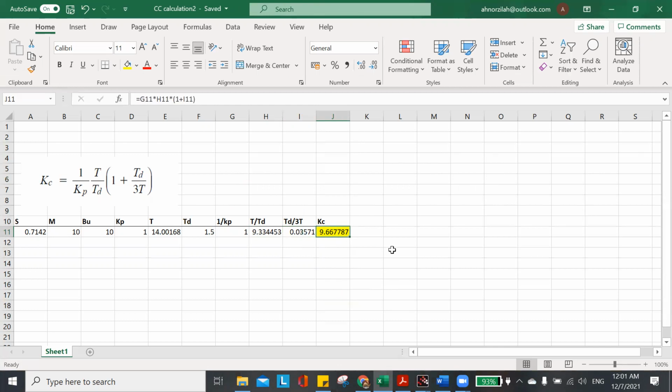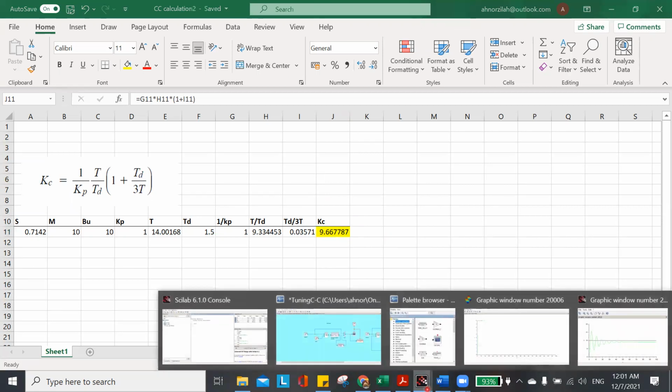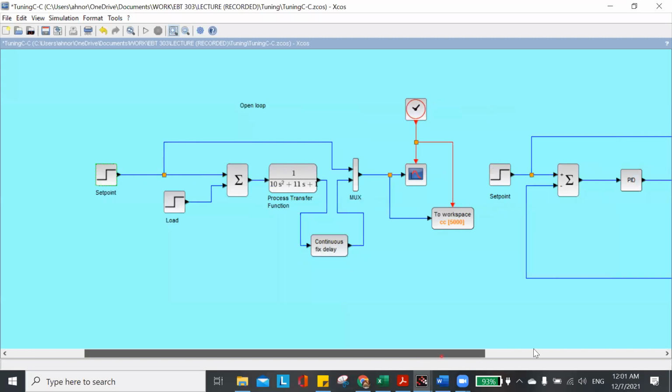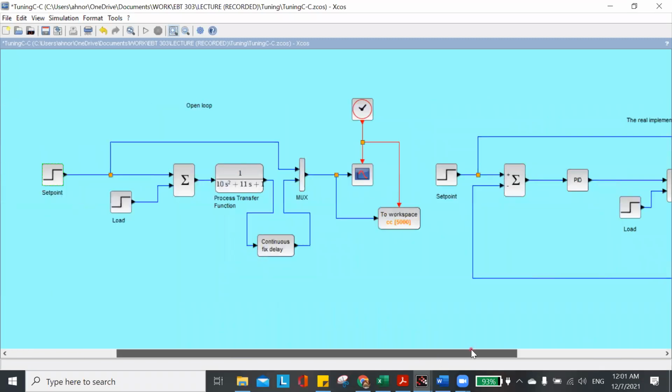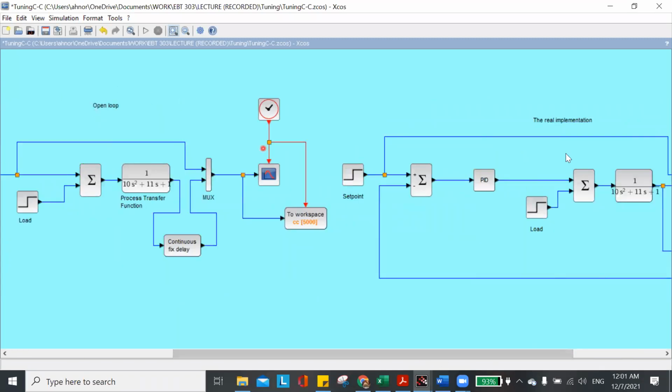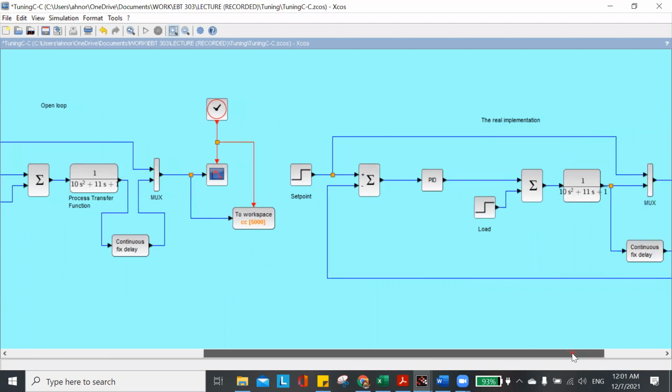So the last thing I got is the value of KC. KC is 9.66, to how many decimal points? 1, 2, 3, 4, 5. So I got almost 9.67. Okay. I need to use that value, so you go back to the block diagram. Remember I drew two block diagrams. The first one is the closed loop.